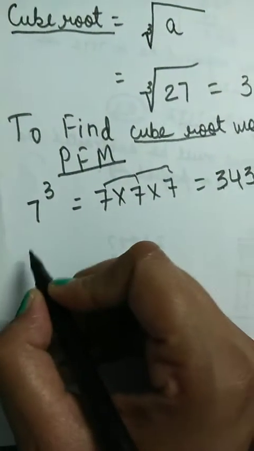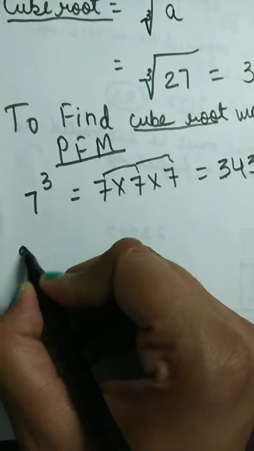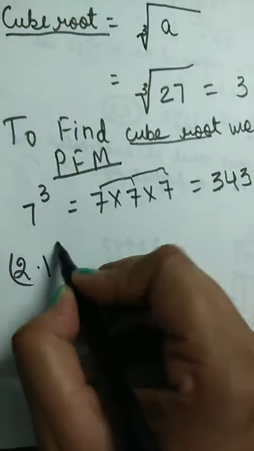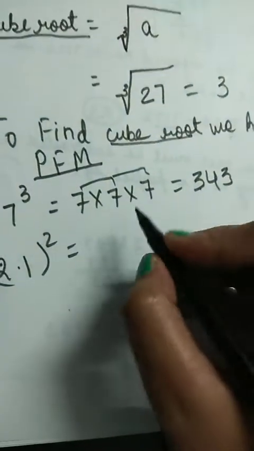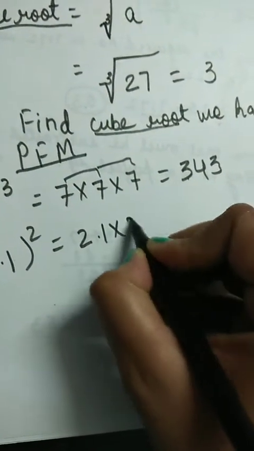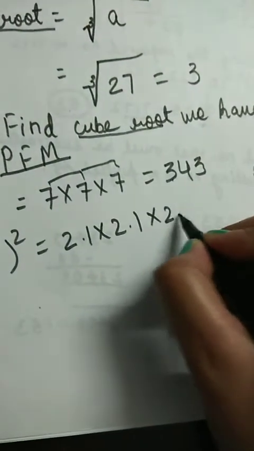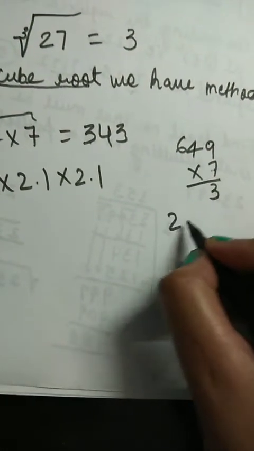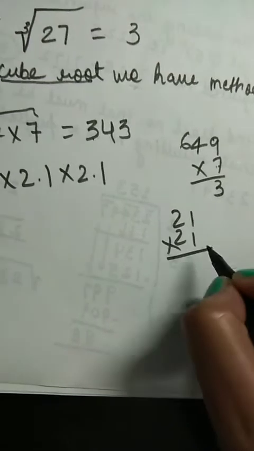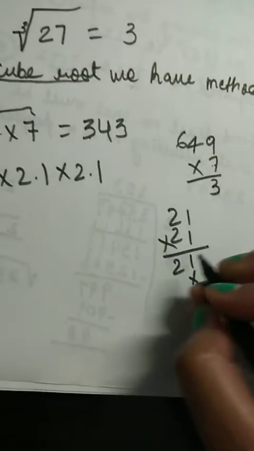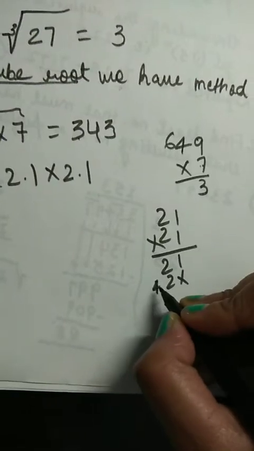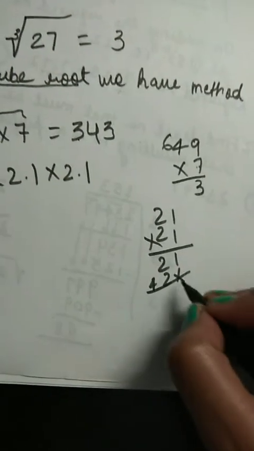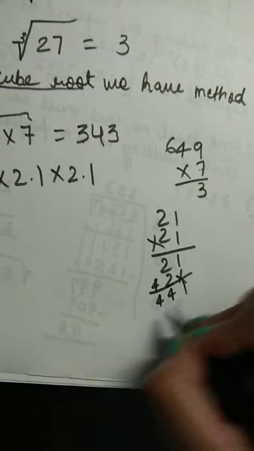In a similar way, suppose we have to find the cube of a decimal number. You have to multiply this number 3 times, so it will be 21 into 21, which is 441.